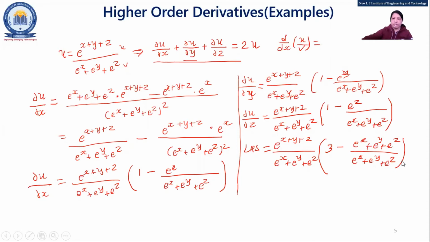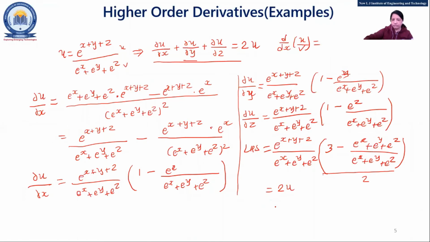Now what should be the answer of this? Now only the simplification is required. This bracket will become 3 minus 1, so 2. The answer of this is 2, and what is this? This is your u. So I'll write directly, it is 2u.